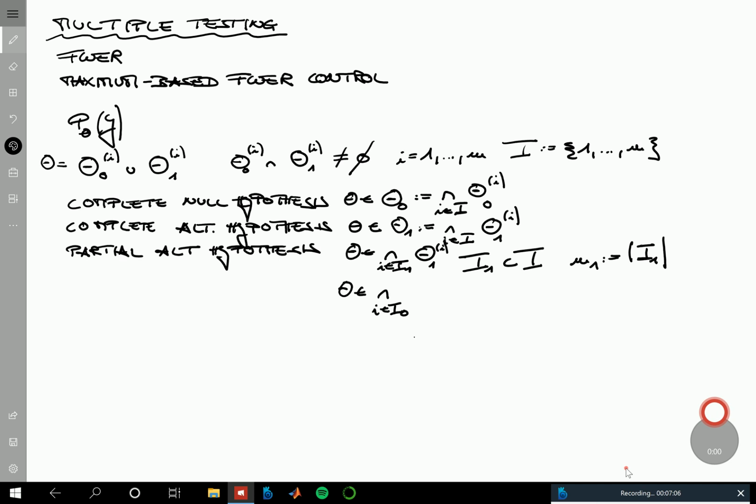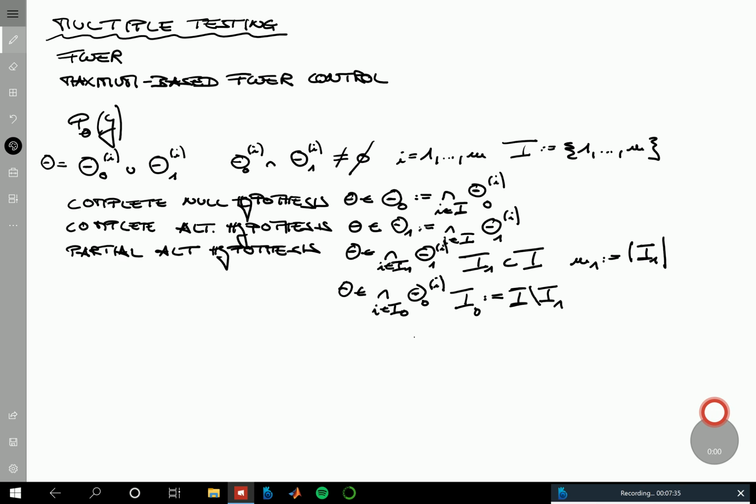But I found it a little bit easier when writing this power paper to frame things in terms of the alternative hypothesis, because it's more natural from the random field theory perspective, where this set I0 is just the complementary set to the set I1, so it's the index set minus the indices that are in I1.